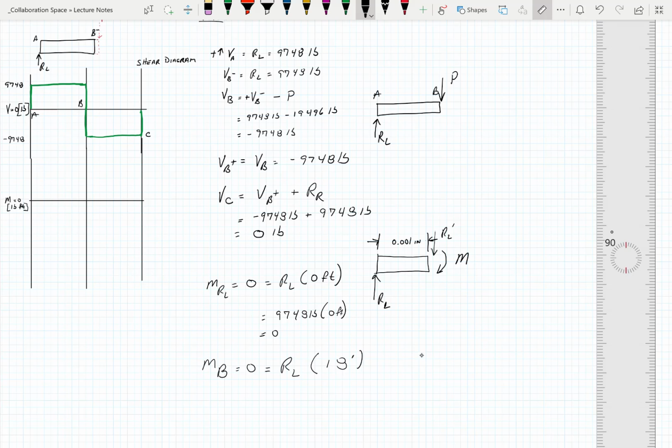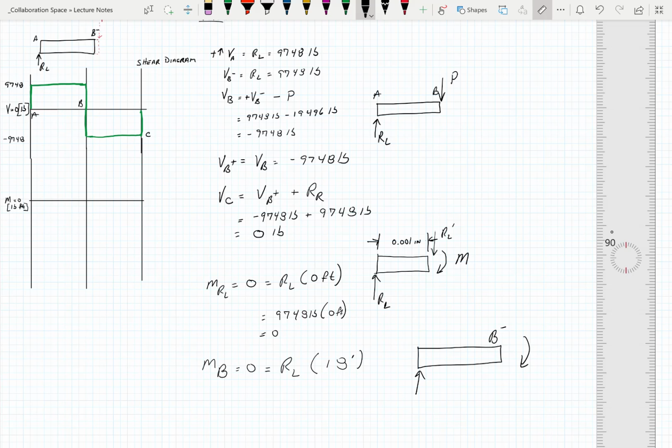So let me draw this free body diagram. I got that, and I got this. And this is that B minus bit again. I don't have the P out there, okay? What happened just before the P, all right?